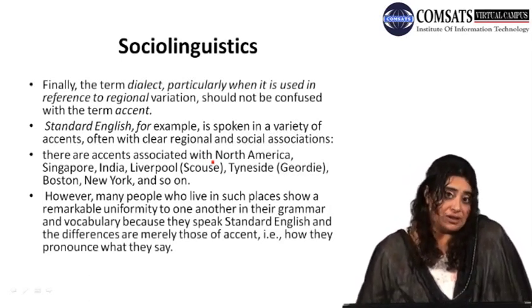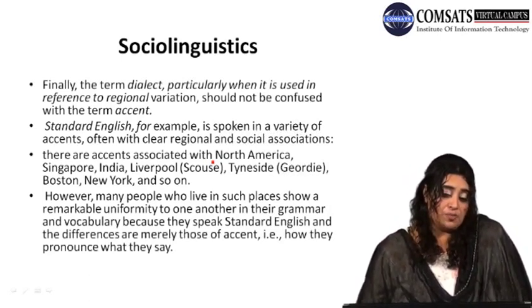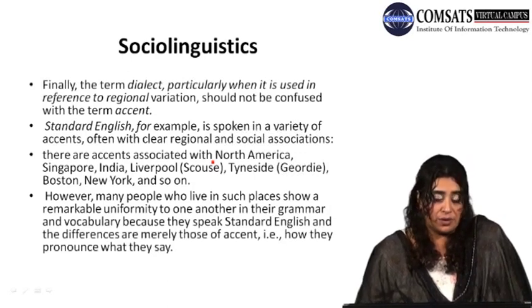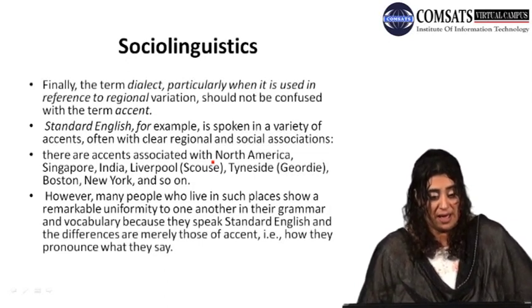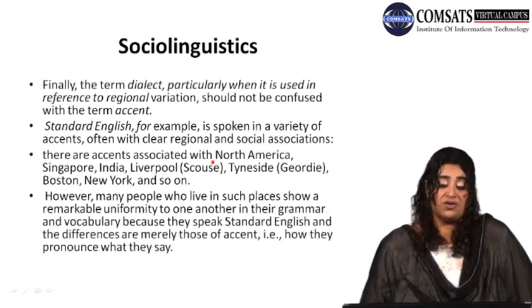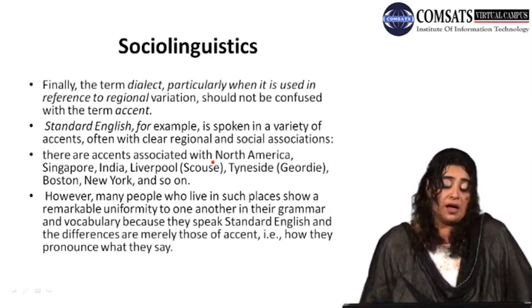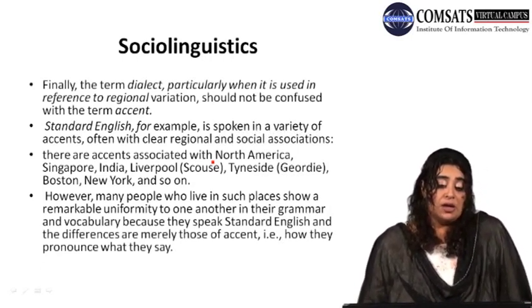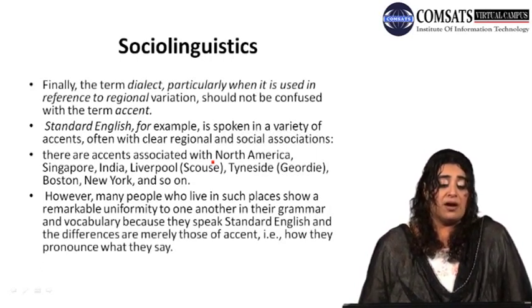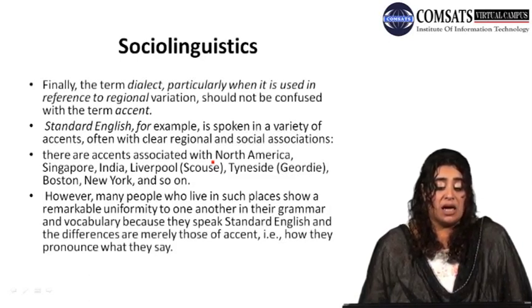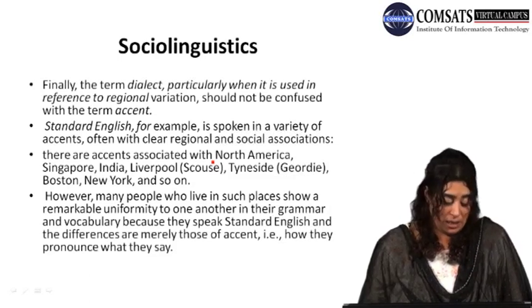So standard English, for example, is spoken in a variety of accents, that means in different pronunciations, often with clear regional and social associations. There are accents associated with North America, Singapore, India, Liverpool (Scouse), Tyneside (Geordie), Boston, New York, and so on.